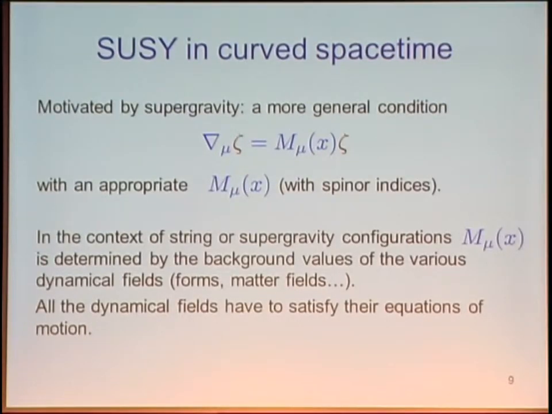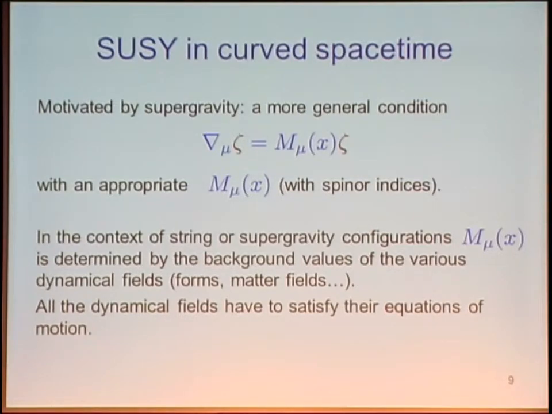In particular, if we look at various supergravity backgrounds, the general equation is of this form. Grad mu zeta is a matrix M mu, which has spinor indices, acting on the same zeta, where M mu of x is an expression which depends on the various background fields. This could be various forms, which are either in the supergravity multiplet or in the matter multiplet.